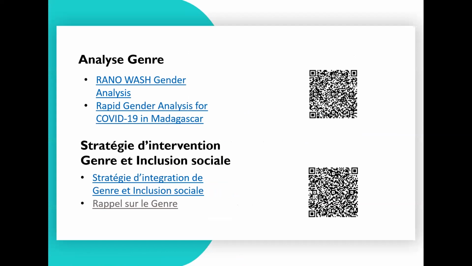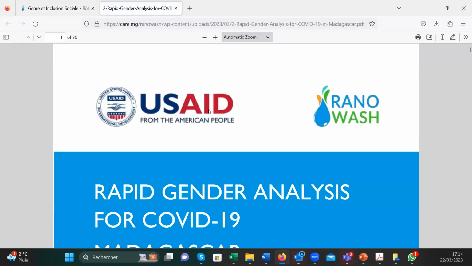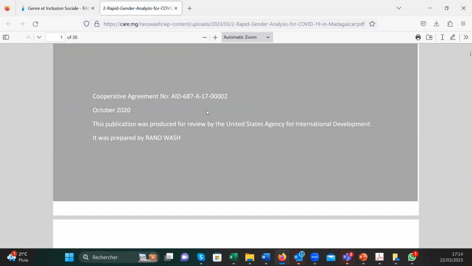Let's start with the gender analysis as shared from the beginning of this presentation. We developed the strategies of intervention during the COVID-19 pandemic. We did some gender analysis to assess the impact of the pandemic on the way of working of the different categories of the communities.